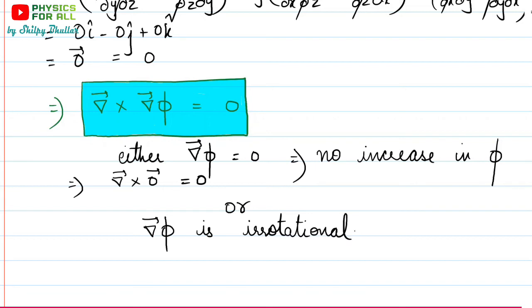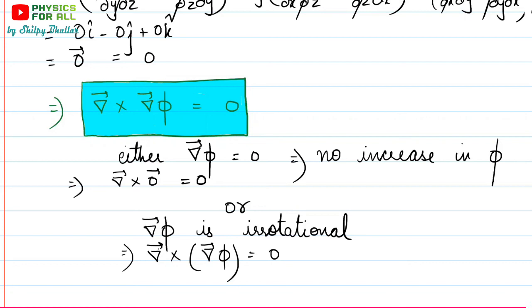Some change is happening in the scalar field, but definitely it is not rotating. Del phi is ultimately a vector field now, but it is not rotating. So if something is not rotating and you are trying to find the curl of it, how much it's rotating, obviously you would get 0. In that case also the curl of this thing would be 0.